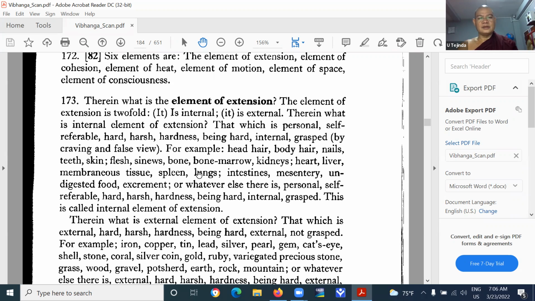Hi, Sayadaw. In the Pali, it is yam ajjhattam paccattam kakkhalam kharigatam kakkhalattam kakkhalabhavo ajjhattam upadinnam. So does that mean that the first ajjhattam is explained as paccattam, and the second ajjhattam is explained as upadinnam? Yes, we can say so.